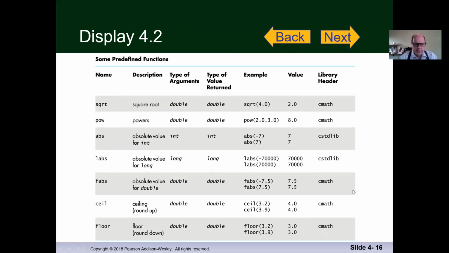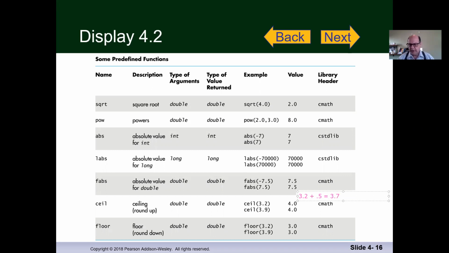For some reason the book is not talking about the round function, but what we can do for round is add 0.5 to our number and then use the floor. So if I have 3.2 plus 0.5, that gives me 3.7.